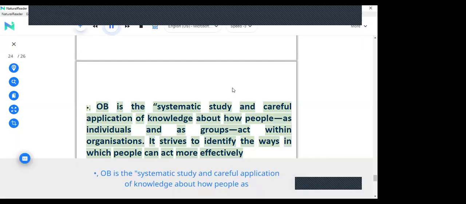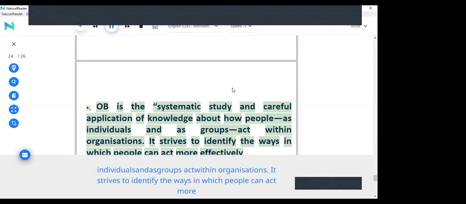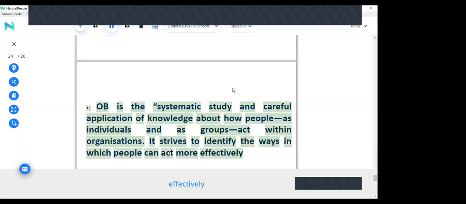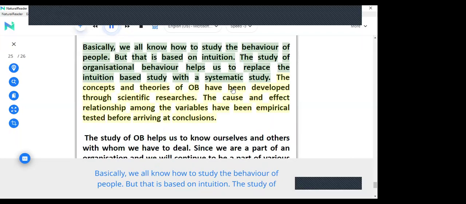OB is the systematic study and careful application of knowledge about how people as individuals and as groups act within organizations. It strives to identify the ways in which people can act more effectively. Basically, we all know how to study the behavior of people. But that is based on intuition. The study of organizational behavior helps us to replace the intuition-based study with a systematic study.